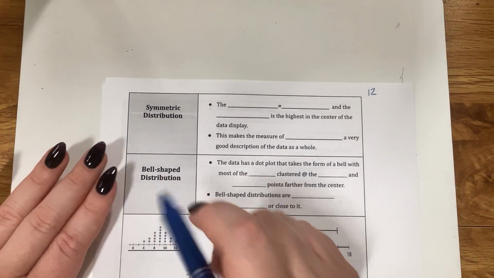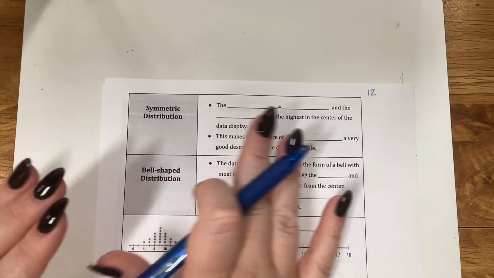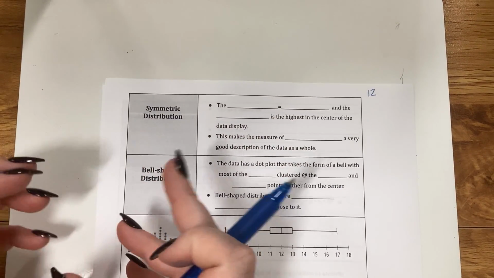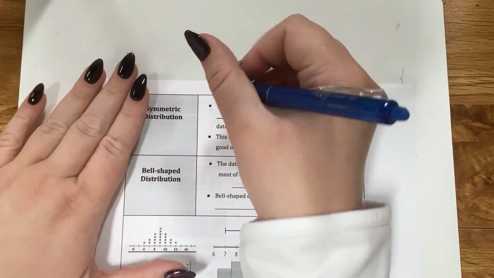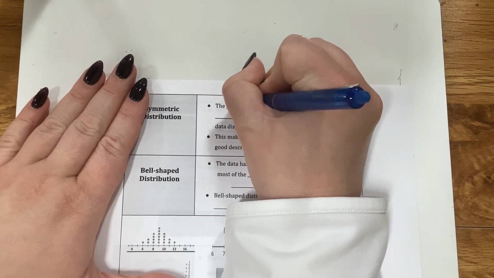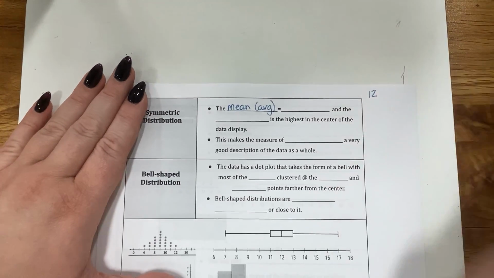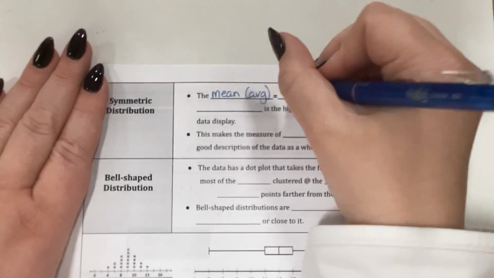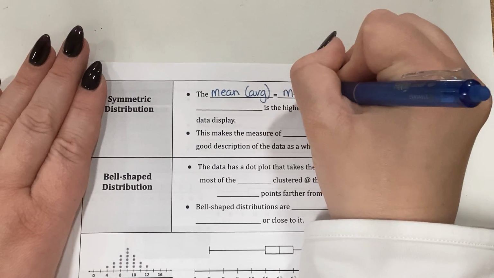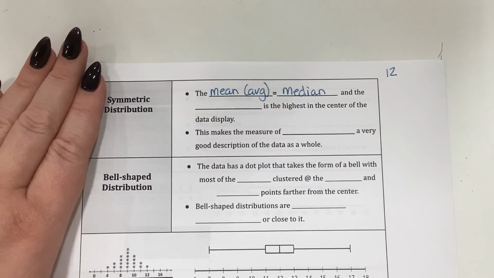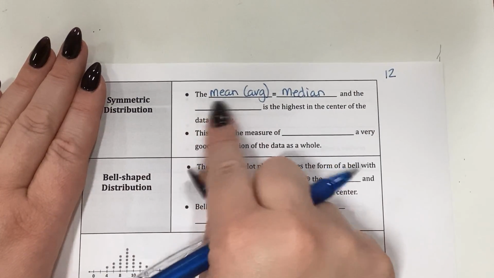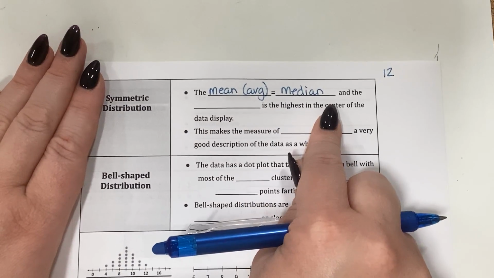So because symmetric distributions mean that the lower half of the graph is the same as the higher piece of graph, the mean, otherwise known as the average, is always gonna be equal to or the same as the median, which as you know is the middle number. All right, so the mean will always equal the median.